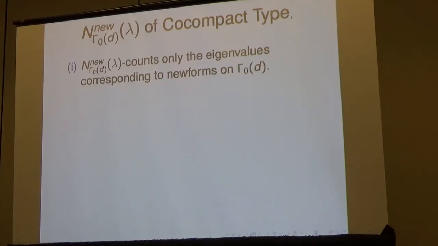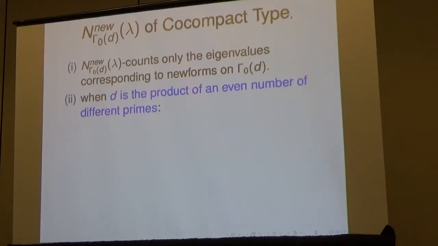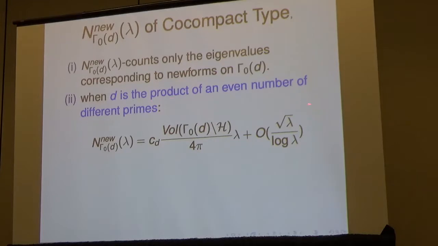So he defines a counting function which counts only the eigenvalues corresponding to the new forms in gamma 0 of D. And what he discovers is that when D is a product of an even number of different primes, voila, the error term looks very much like the error term in the co-compact situation.